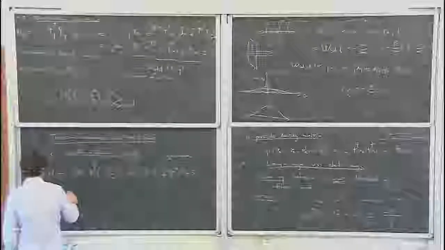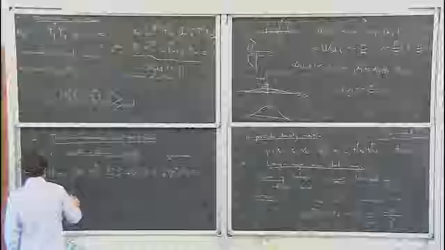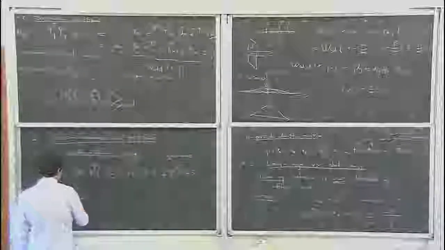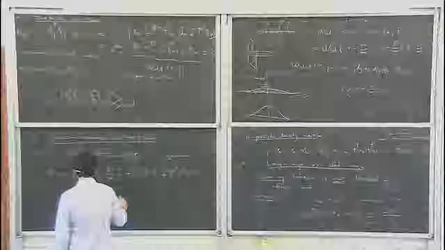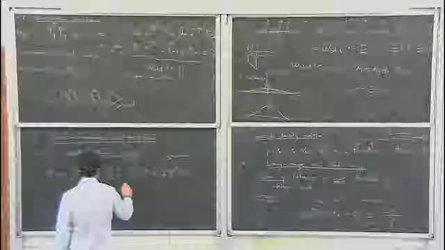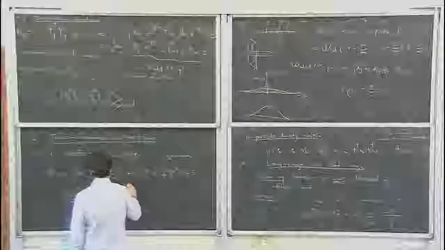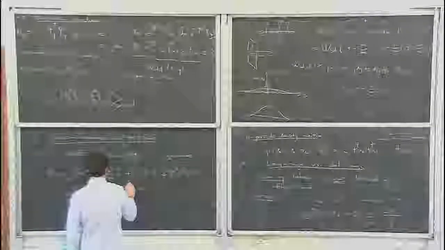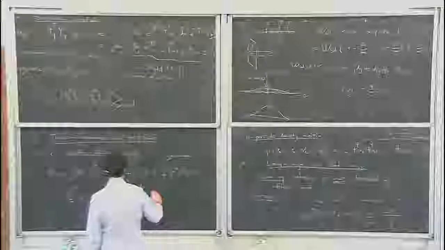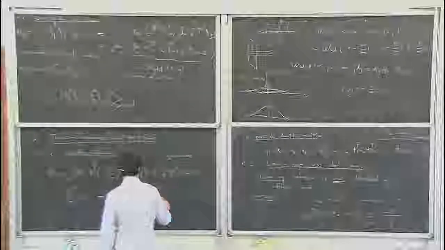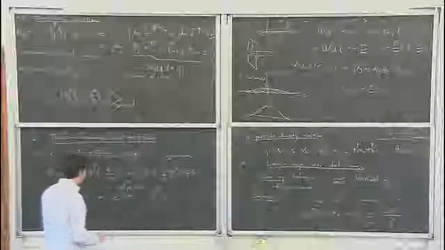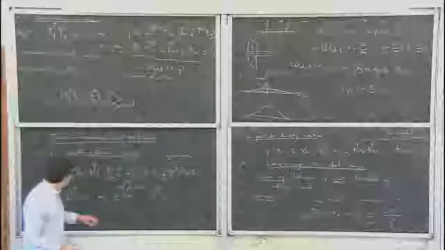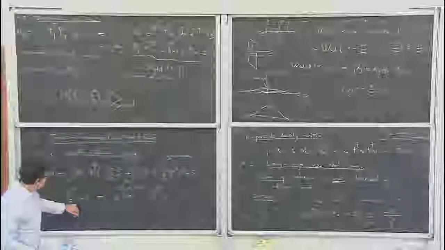To correct the statistics, you can introduce fermionic operators that look like this. This is the operator that creates a boson. This is the operator that creates a fermion.